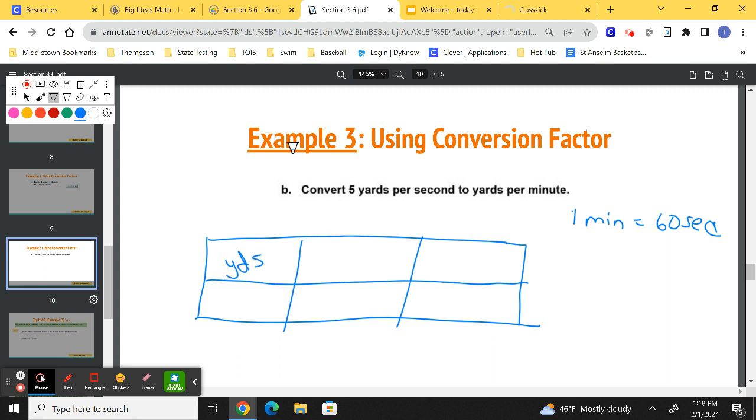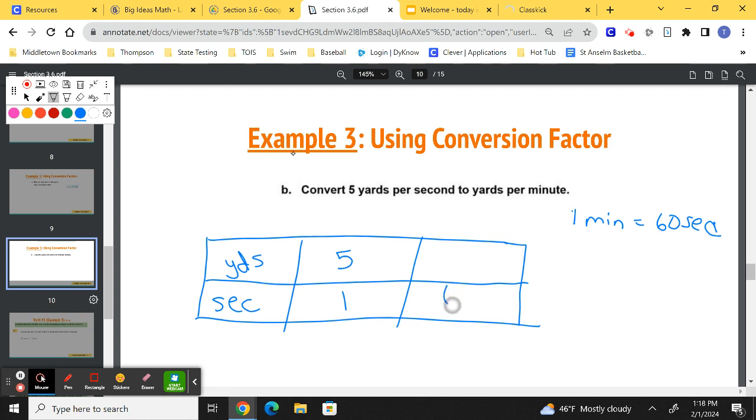Would it be yards per second and then yards per minute? So what are you gonna put here? No, this is seconds. Watch. Ready? What's your yards? 5. And I heard you say seconds is 1, right? Because yards per second, what does per mean? 1, very good. For every. All right, so now I want per minute. 60.